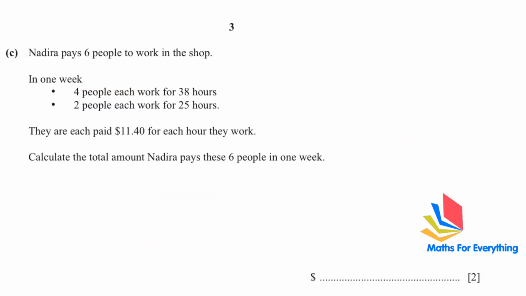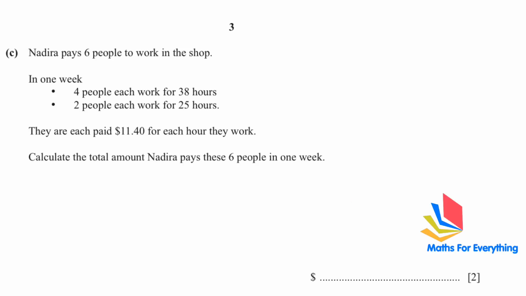Part C. Nadira pays 6 people to work in the shop. 4 people each work for 38 hours. And 2 people each work for 25 hours. And they are each paid $11.40 for each hour they work. Calculate the total amount Nadira pays these 6 people in 1 week.